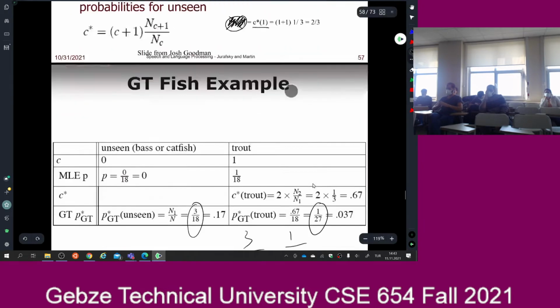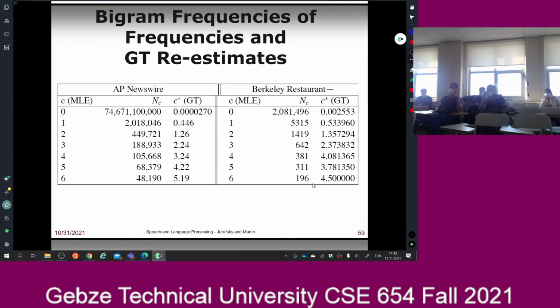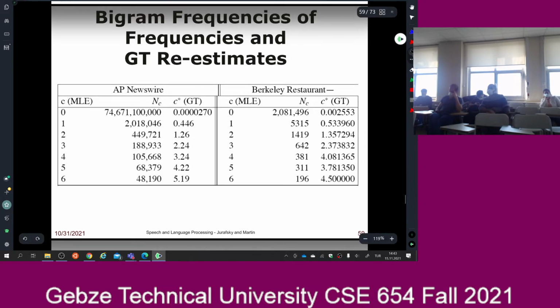Okay, let's look at this example, and maybe this will explain it a little bit more. AP Newswire, a very large corpus with 74 billion words in it. Berkeley Restaurant has 2 million words in it. These are bigram frequencies, by the way.